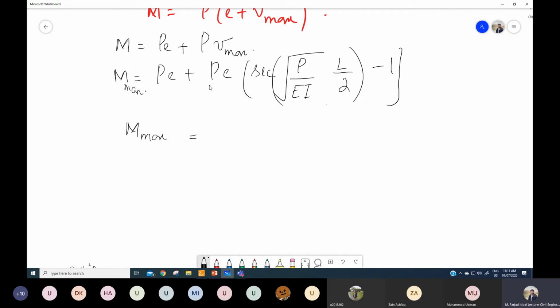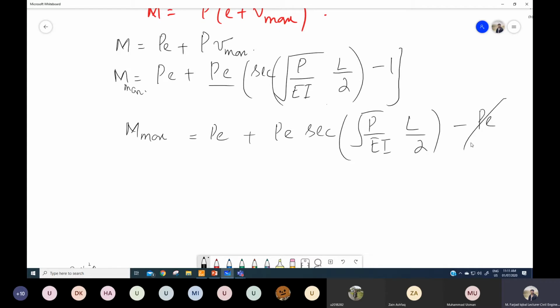If I multiply this PE with the factors inside, I will get PE plus PE into secant under root P over EI L over 2 minus PE. So these two terms will cancel out, and we will have this relationship for maximum bending moment, that is PE secant under root P over EI L over 2.